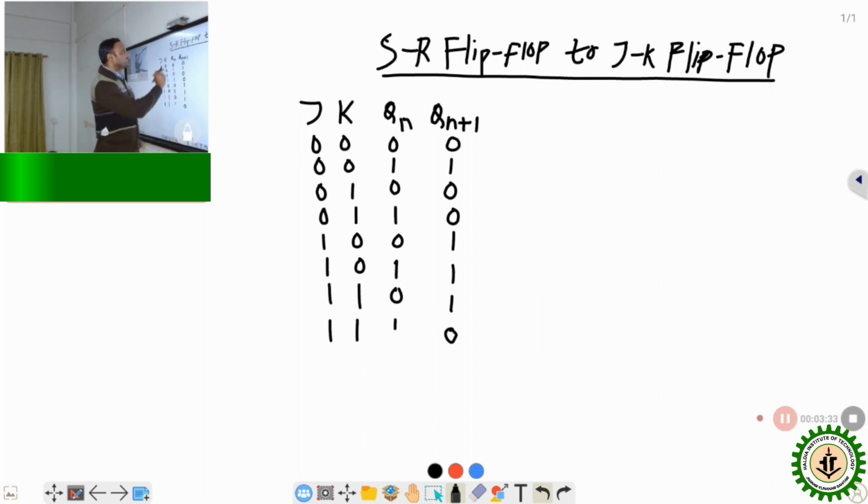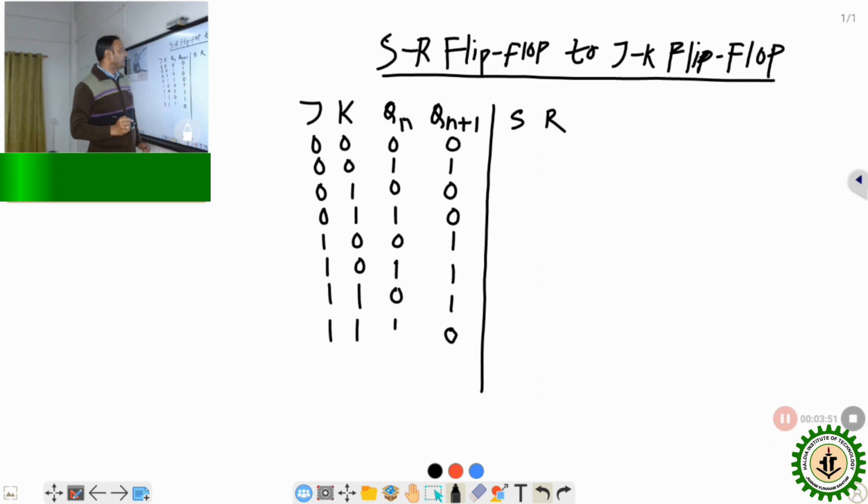Now based on this Qn and Qn plus 1, we have to write the excitation input of SR flip-flop. Now 0 and 0, in which case the present output is 0 and the next output will be 0, when the S and R values will be 0 0 and 0 1. So S will be 0, R will be don't care, because the value of R will be either 0 or 1.